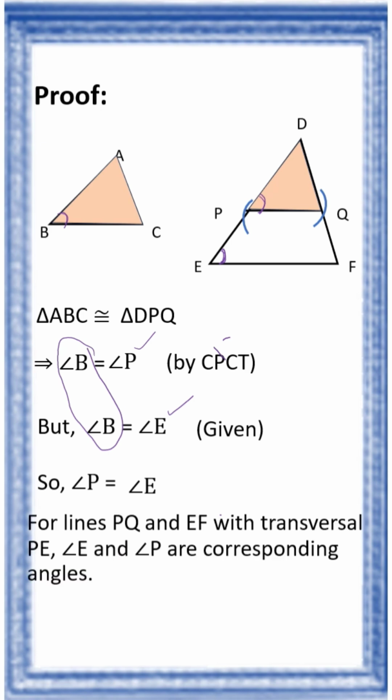Here observe that line PQ, line EF, a transversal cuts these lines. These are the corresponding angles. They are equal. If the corresponding angles are equal, then the lines will be parallel. Observe the figure. So, PQ is parallel to EF.